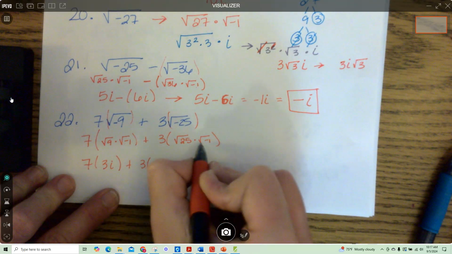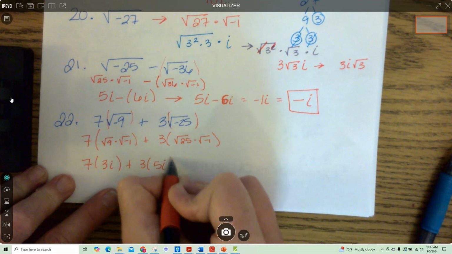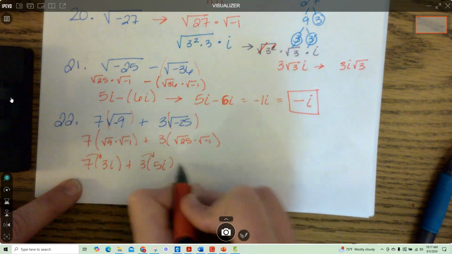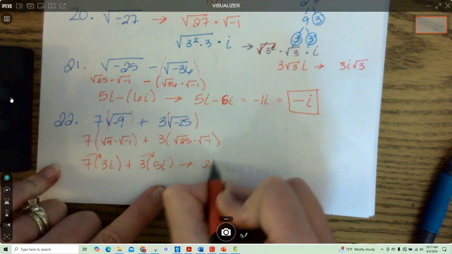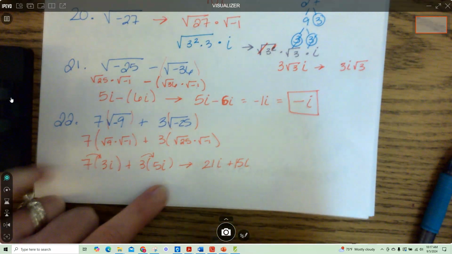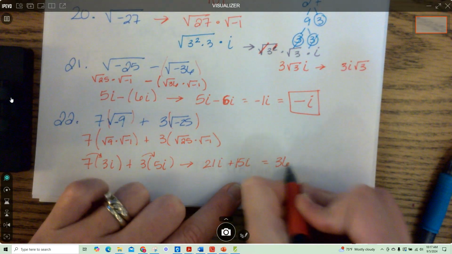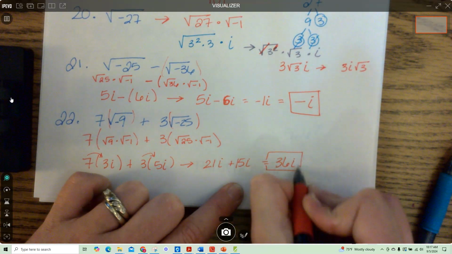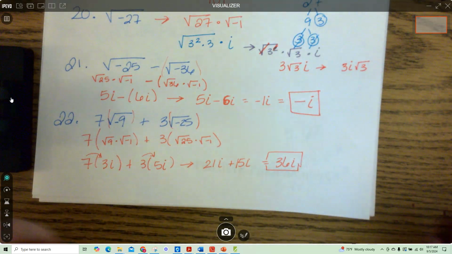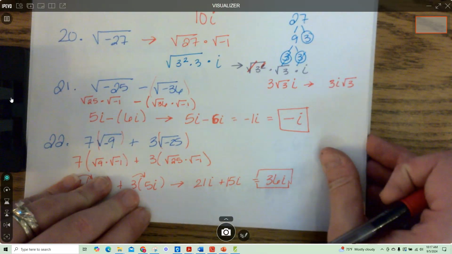Square root of 25 is a 5, and that would be an i. Then I can distribute, right? So this would be 21i plus 15i. When combined, I get 36i. Those parentheses just help you keep everything neat, tidy, and organized where you need it.